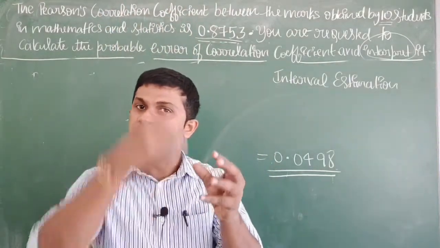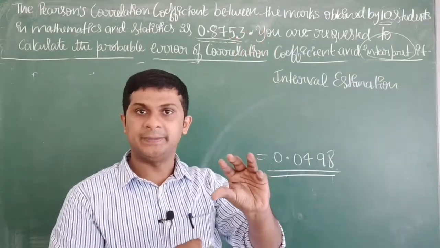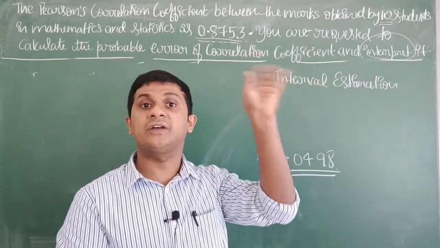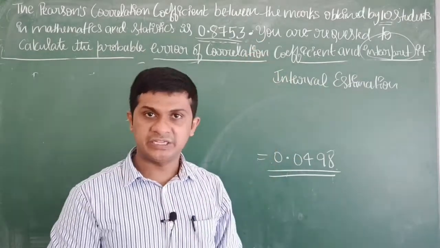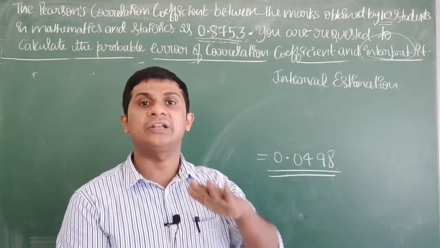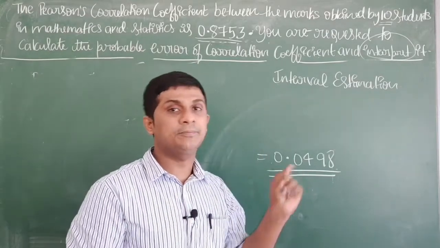When I say interval, usually an interval has an upper limit and a lower limit. Similarly, we need to calculate an upper limit and a lower limit of the interval estimate of correlation coefficient. How to calculate that using the probable error?